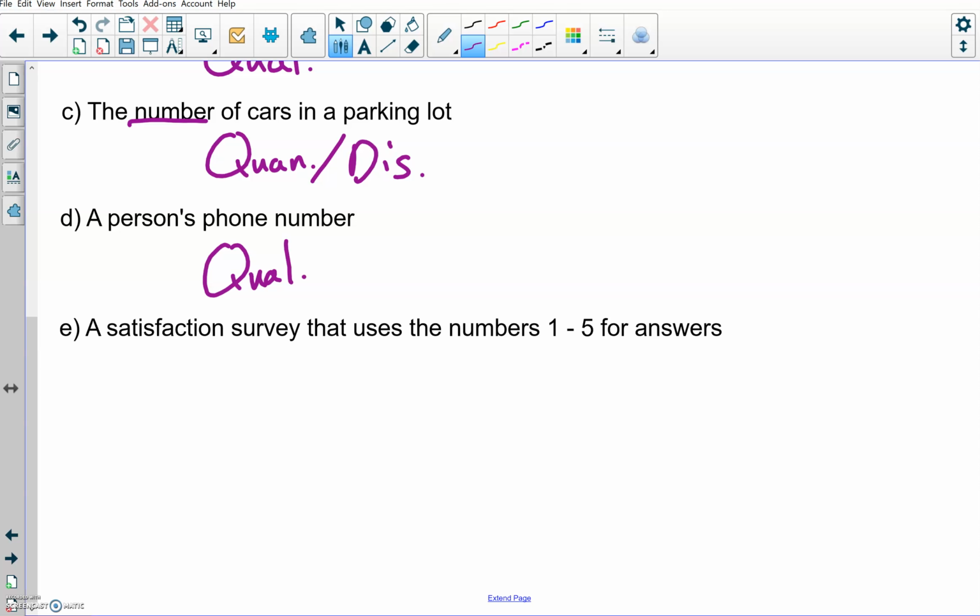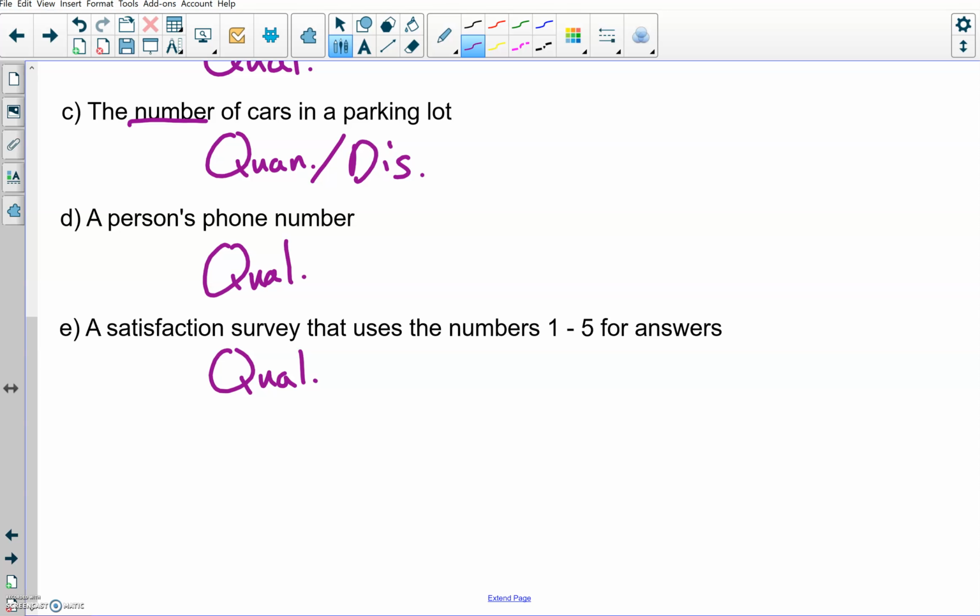So any survey that uses numbers for the answers, where the numbers are representing qualities or feelings, is also going to be qualitative. So the last 2 there are ones that have numbers in them, but are not quantitative because they are not measuring something as you typically would with numbers.